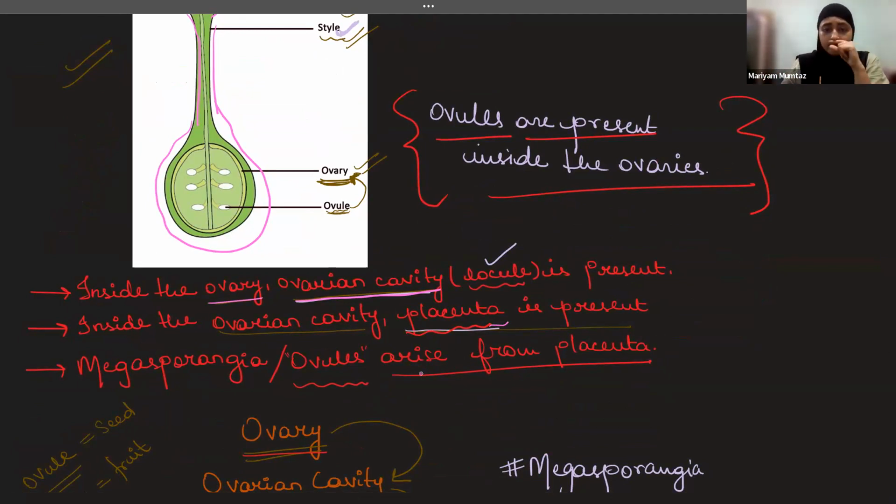Now, the megasporangia, just as there was microsporangia, right? The megasporangia or the ovule, they would arise from this placenta. So all in all, we can say that ovules are present inside the ovary, but not so easy, isn't it? There is a stepwise way we have to reach the ovule.